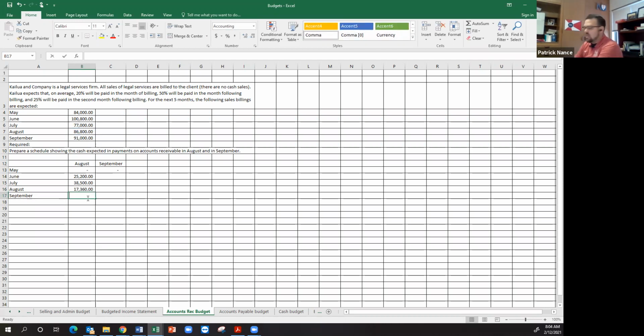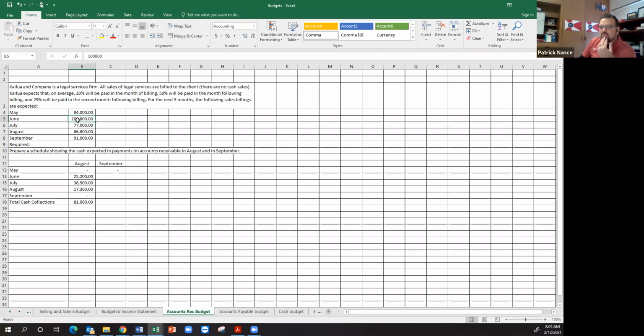And obviously September would not have happened yet, so I'm not going to get anything from that. So my total cash collections is going to be the sum of these, August here, $81,060. Now September.